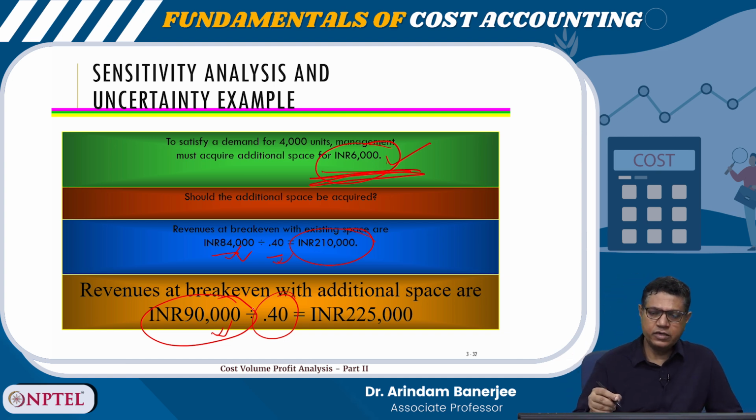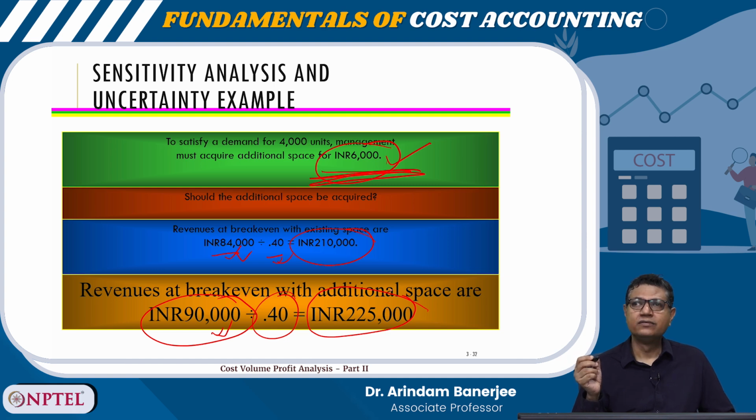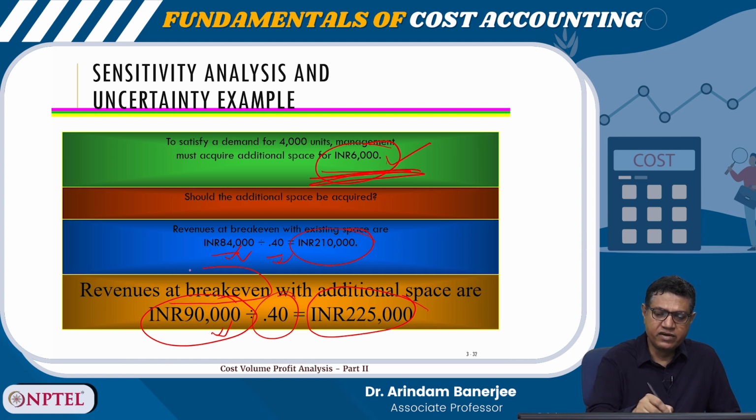So, now how much revenue is required? It is 2,25,000. So, this is my break even revenue. My earlier break even revenue is 2,10,000, my new break even revenue is 2,25,000.